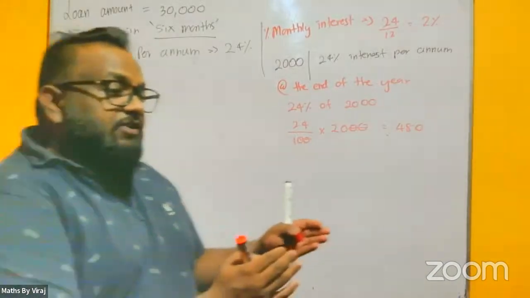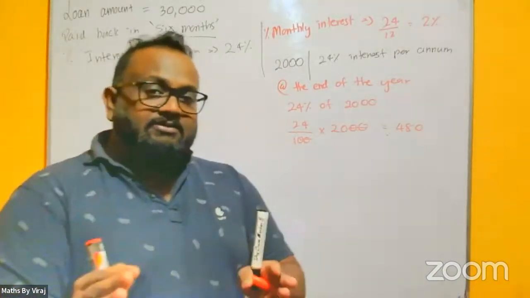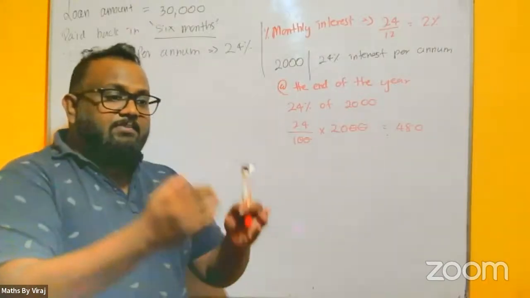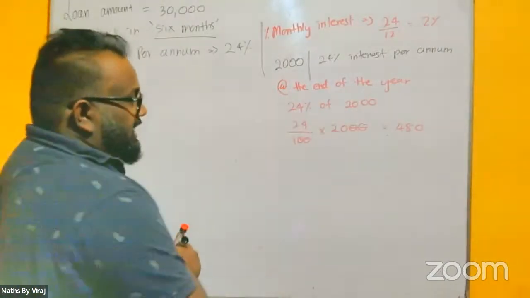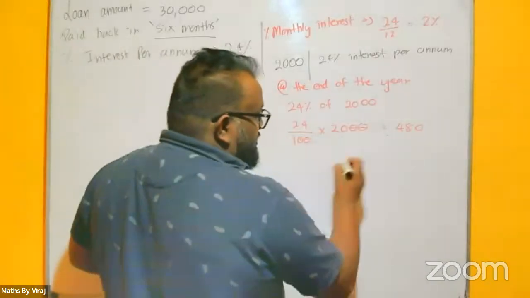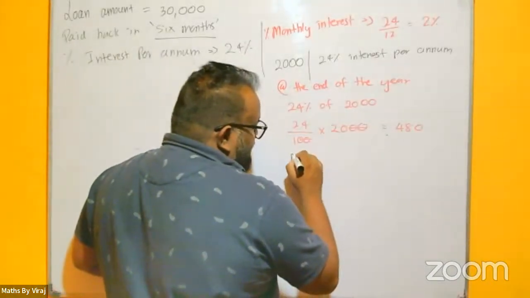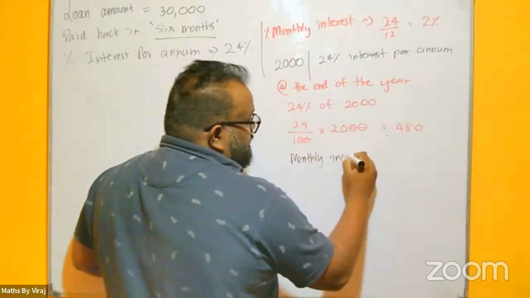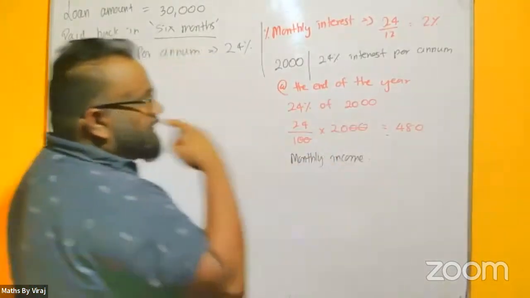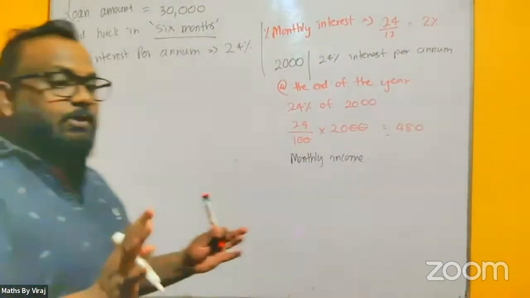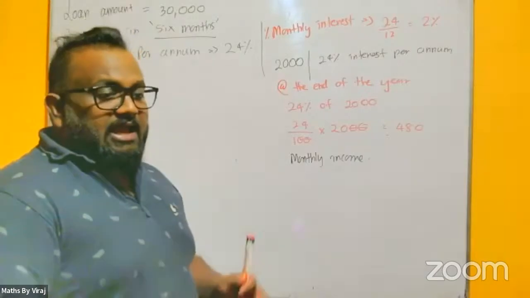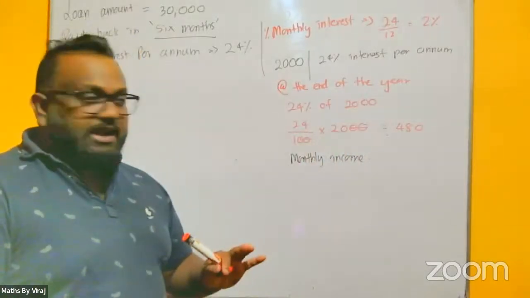480. If I were to get the interest monthly, 1 month at a time, not at the end of the year, how much will I get? The monthly income. At the end of the year, I'll get 480.